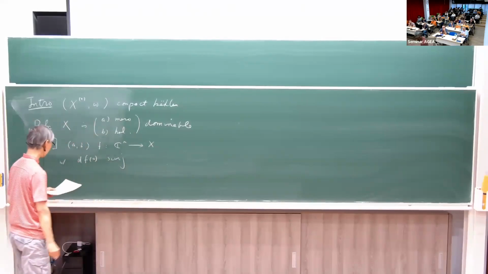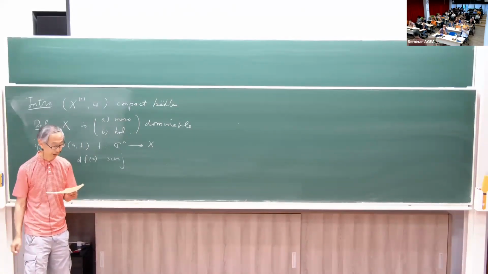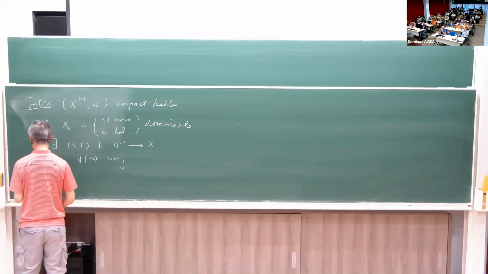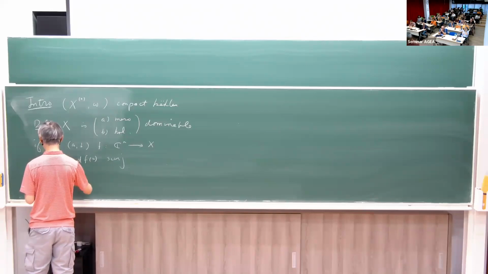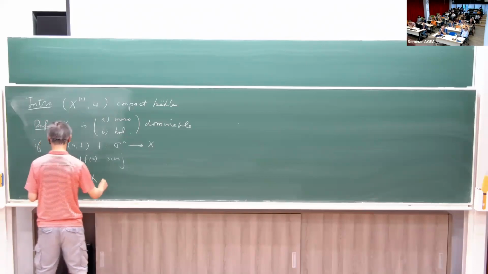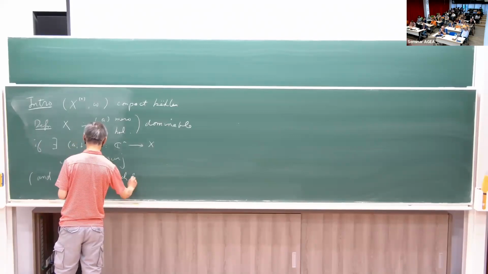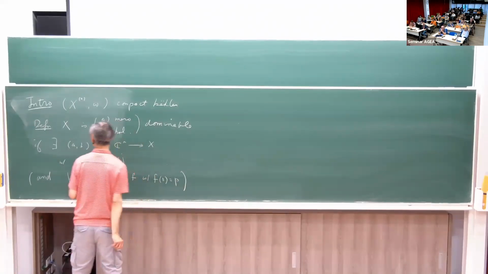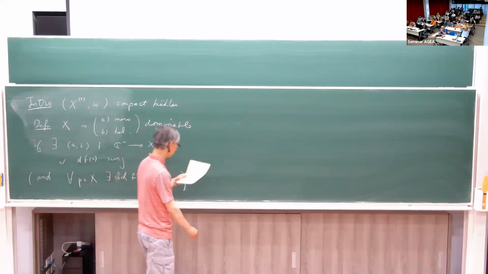And in all the examples that I'll talk about, there's no problem for me to also add the condition that this holds for all p in X, that there exists such an f with f(0) = p. So once you know that it's dominable, you can have this condition of dominability at every point on your target space.